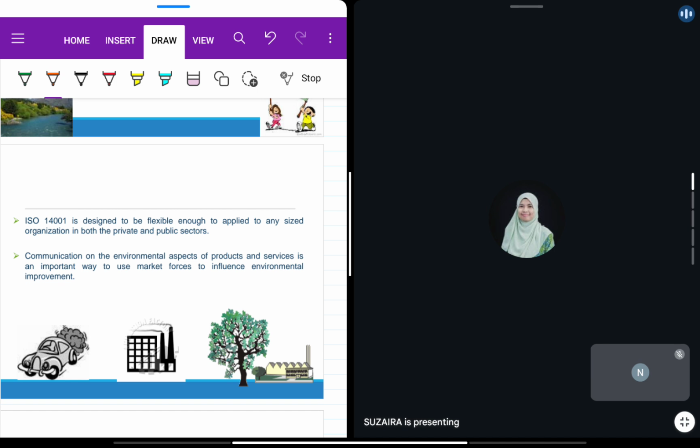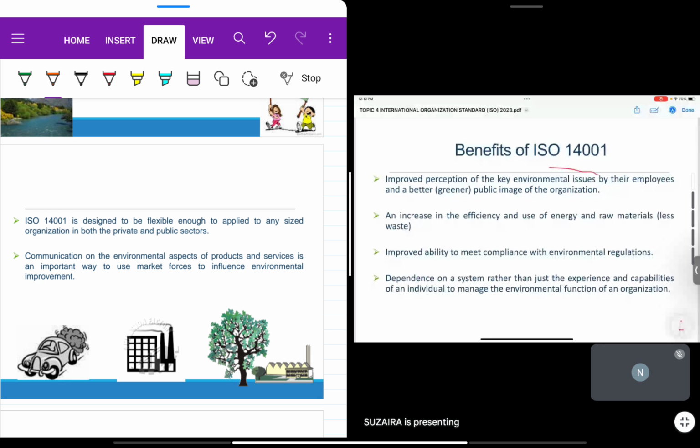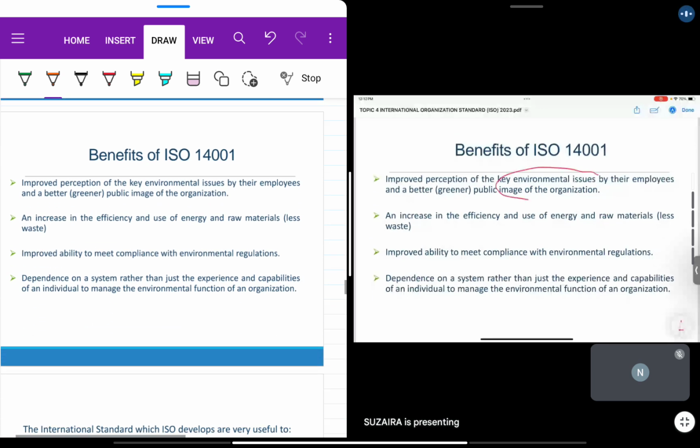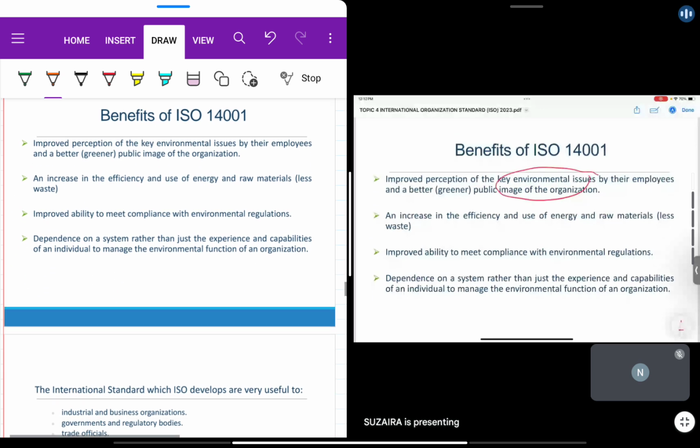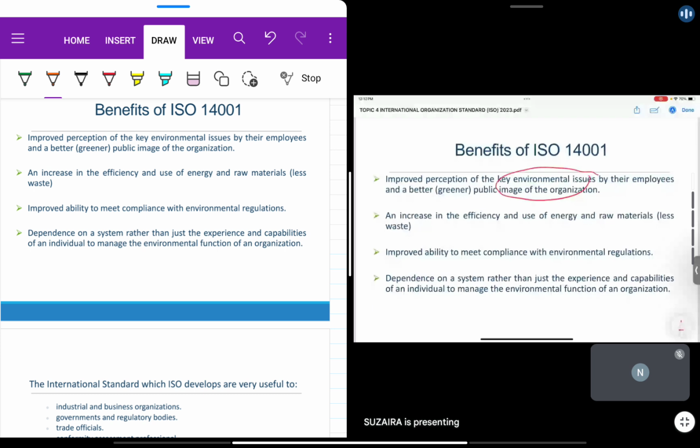Automatically this will give a better, greener public image, meaning your company is more environmentally friendly. So you do lots of 3R recycling, segregating of the waste and so on.